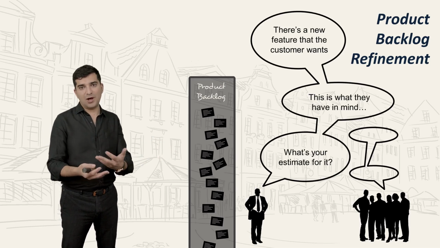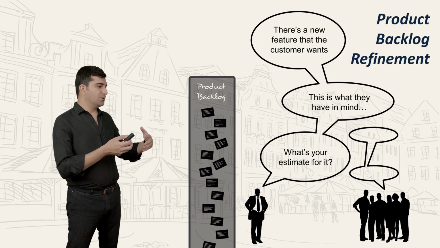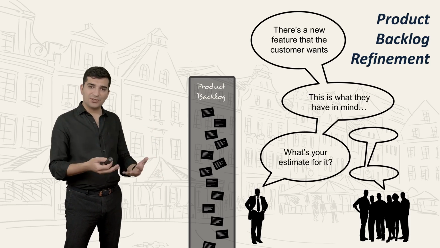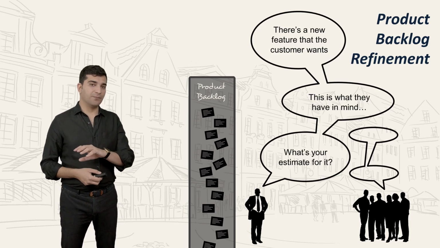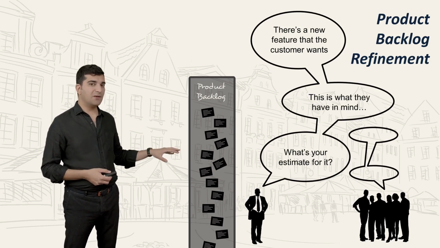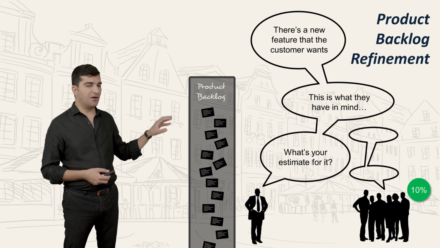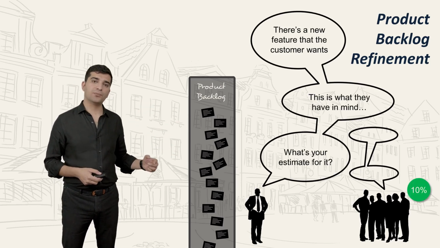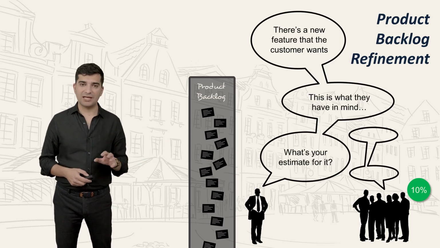You have to understand that. So maybe you want to do it at the end of the day, at a certain time. You don't want to distract them. Also, we have a rule here that product backlog refinement should not take more than 10% of the time of the developers. For you, you can spend way more than that time.